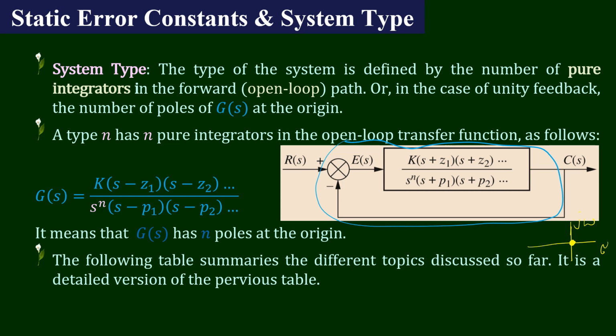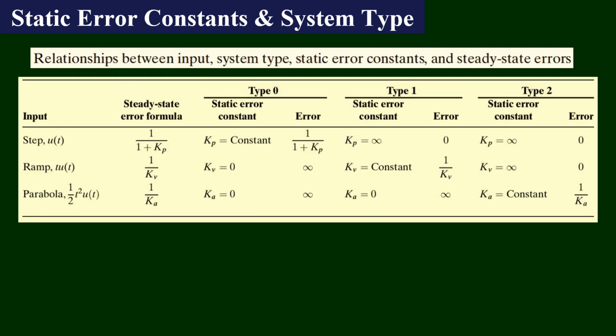If the closed loop is not stable, whatever we are discussing will not be applicable. The detail of this discussion is given on the next page in tabular format. For the step input, the steady state error formula is 1 over 1 plus Kp, where Kp is a constant.